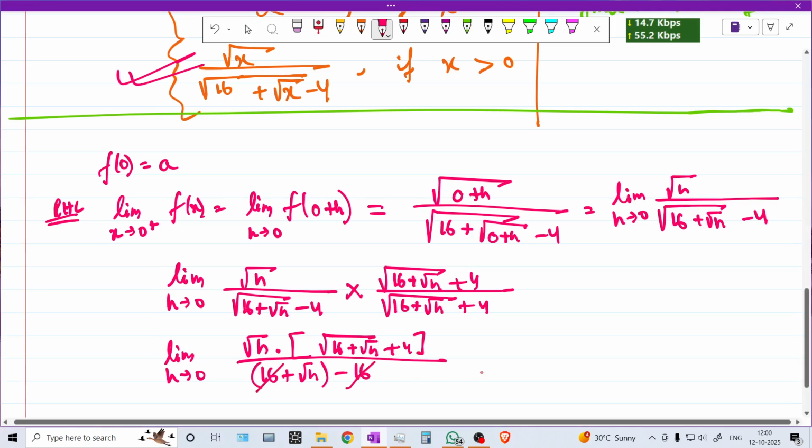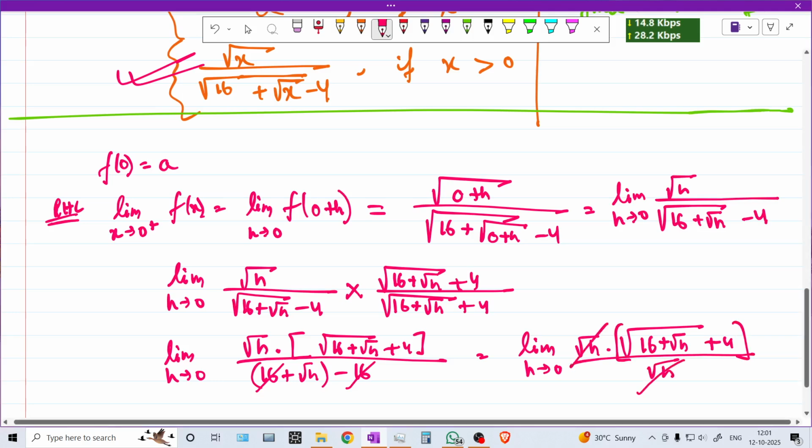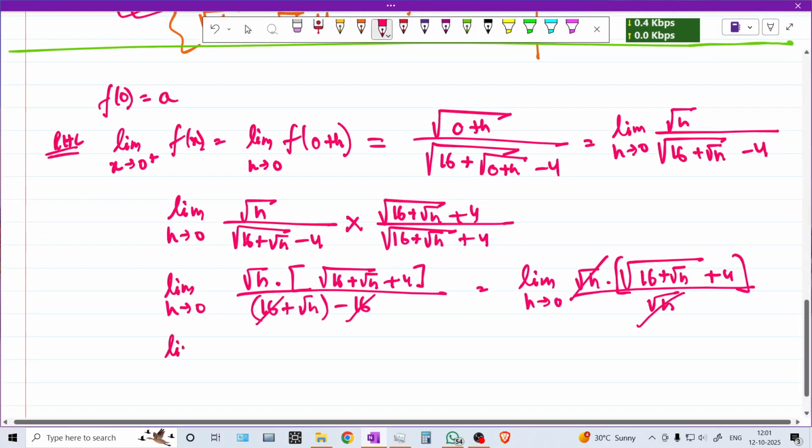Minus 16 plus 16 cancel, so it is left like this, limit h tends to 0 root h into root 16 plus root h plus 4 upon root h, and this root h cancels. So what is remaining? The remaining is limit h tends to 0 root 16 plus root h plus 4.